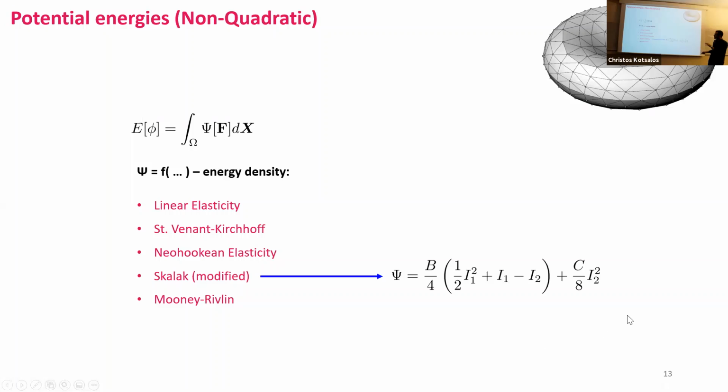I don't want to focus into this formula, but just if we pick a different formula, we simulate different materials. So this is a continuous energy, and we do the discretization of this continuous energy using piecewise linear basis functions. And thus our finite element solver is a linear finite element solver.